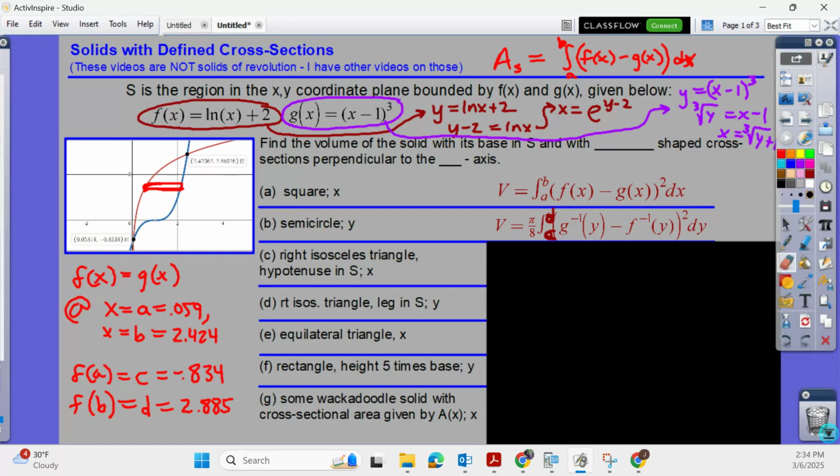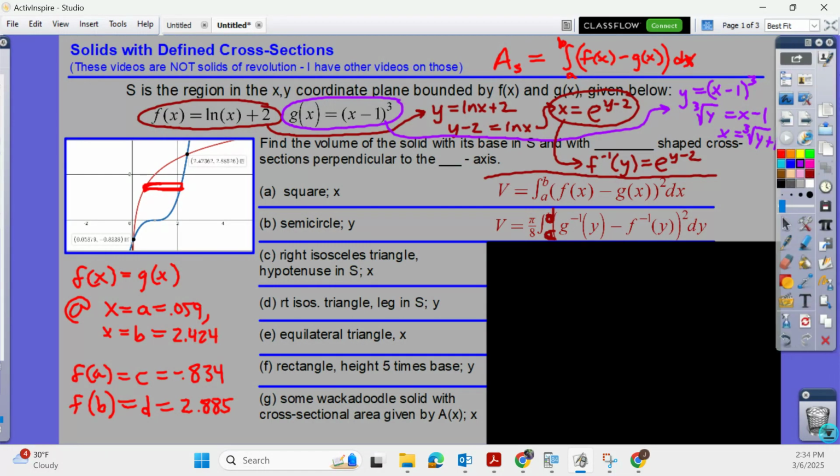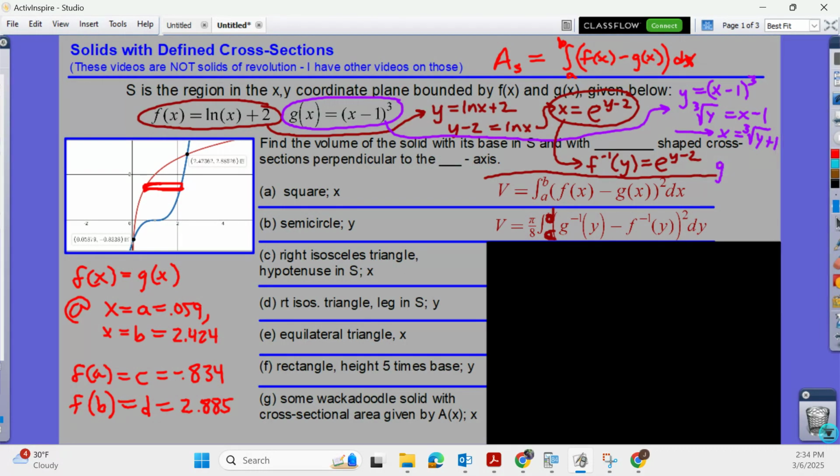From doing this work, I can now say, I'll write it over here: f inverse of y is e to the y minus 2, and g inverse of y is the cube root of y plus 1.